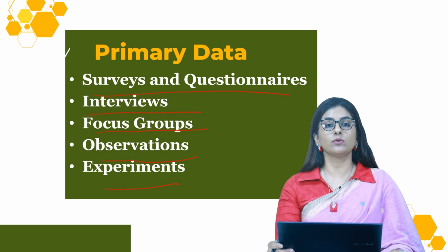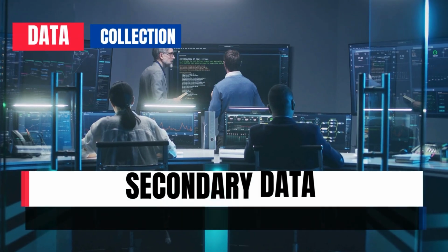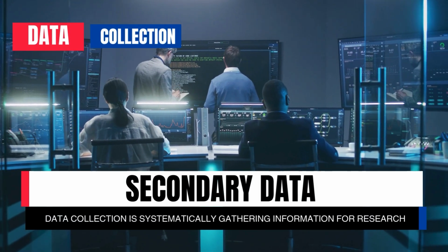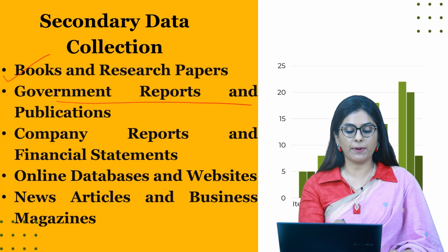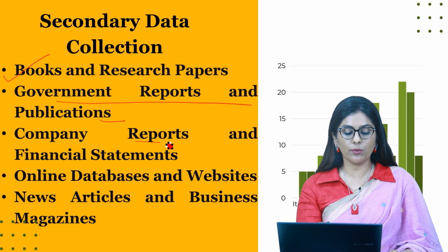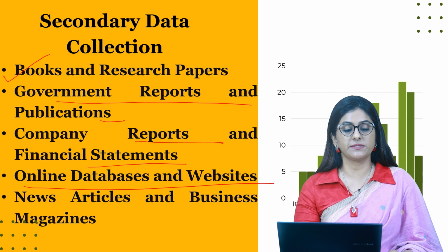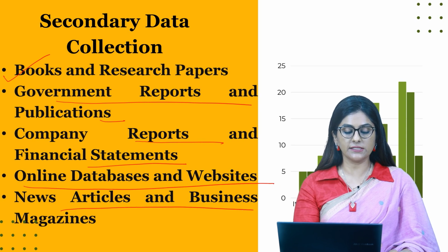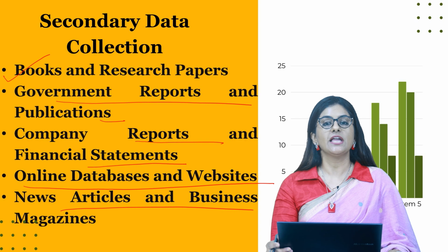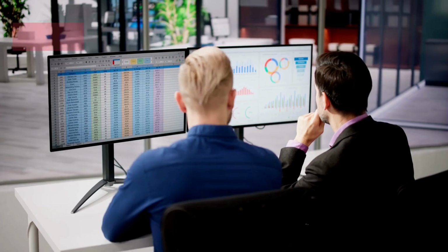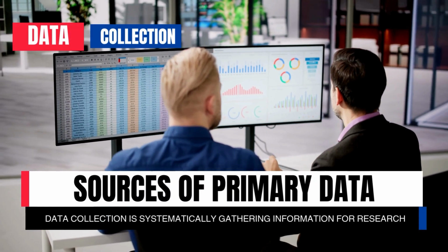Whereas when we talk about the secondary data, we have books and research papers, government reports and publications, company reports and financial statements, the online databases and websites, and also the news articles and the business magazines. Let us understand what are the different sources of primary data one by one.